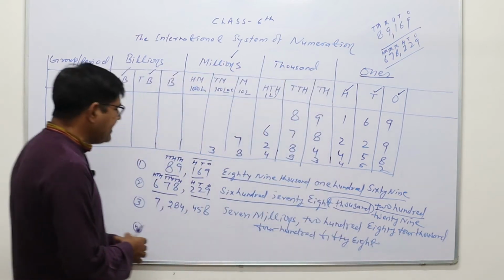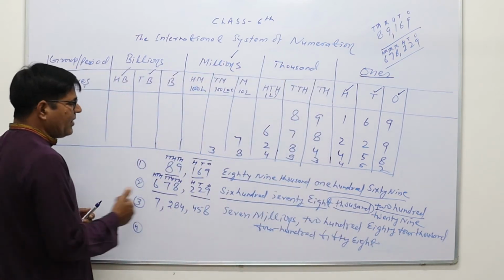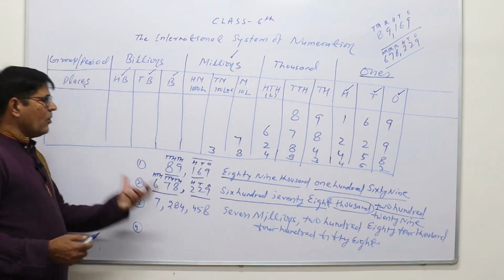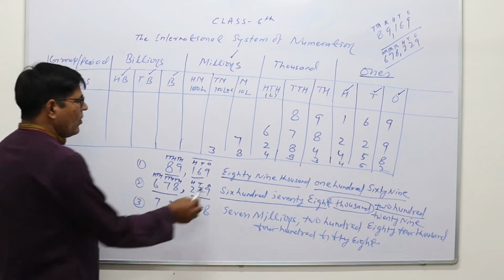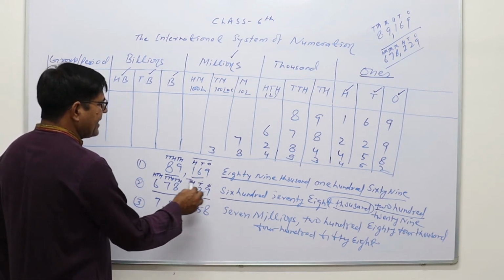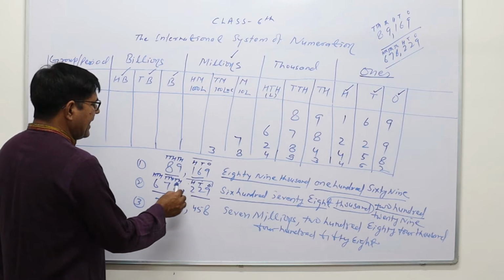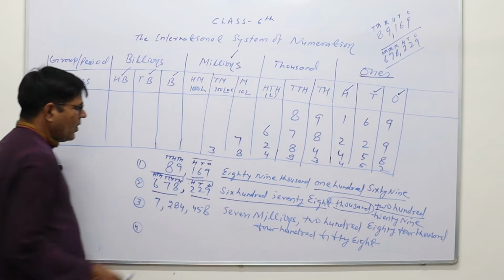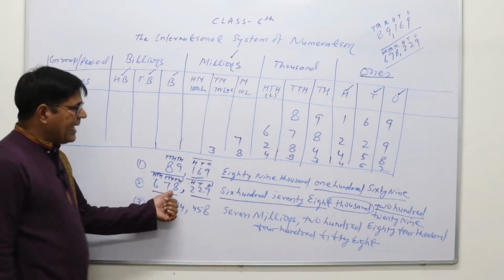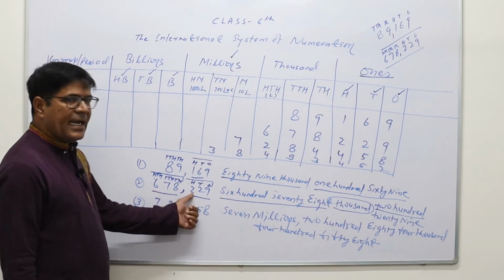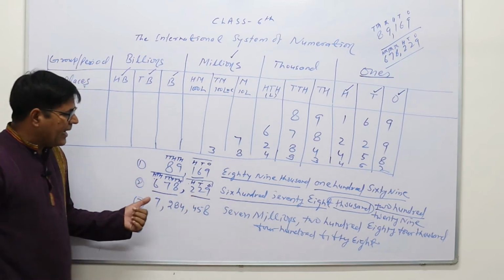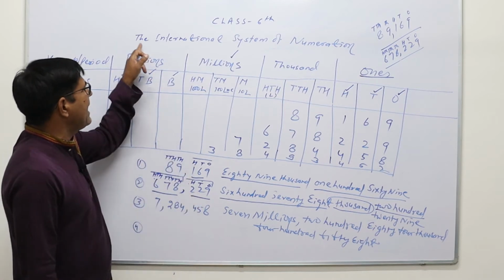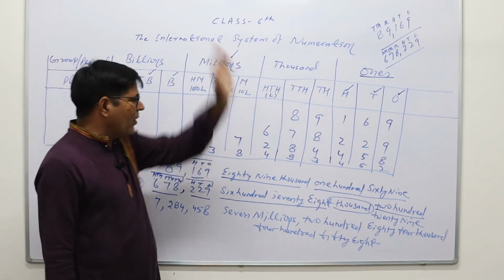From the right hand side, after every 3 digits we put a comma, and in the group we read ones, tens, 100, that is the ones group, then 1000, 10,000 and 100,000, this is the group of 1000. So 678,229. In this way we write the given number in words form in the international system of numeration.